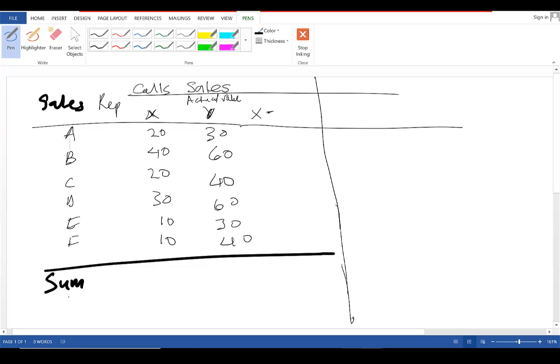We're gonna have the average, we're gonna have the standard deviation, and now we're gonna have the count.